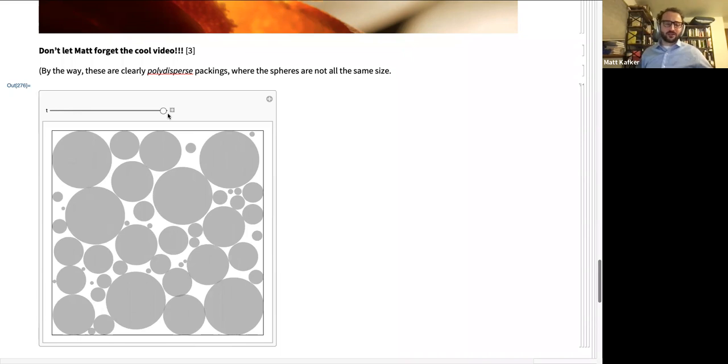An interesting thing that I came across while I was encountering this literature for the first time: if you want to make a really, really dense mixture of something, I came across this in a scientific paper, I'd never thought about it before, but it makes a lot of sense. You start with some particles of a certain size.